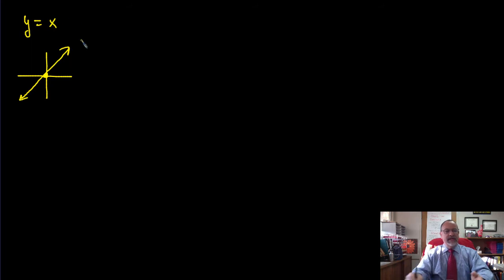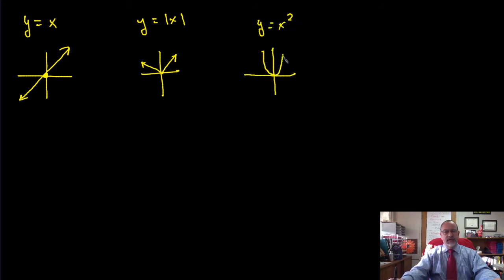And then as I start adding these things, it moves it up or down, stretches it, or reflects it. We already looked at absolute value, so as soon as I see absolute value again, I should think V. And we looked at quadratics, and as soon as I see that, I should think U. So I get the mental picture first, and then everything else is a shift of that, or a transformation of that.